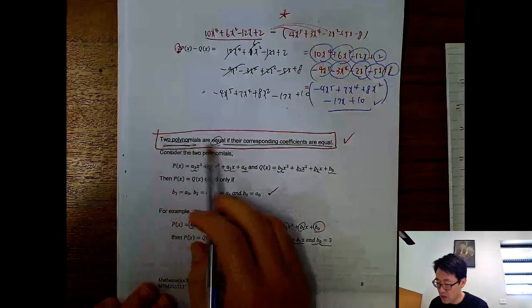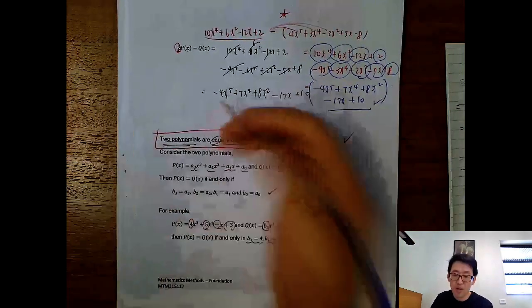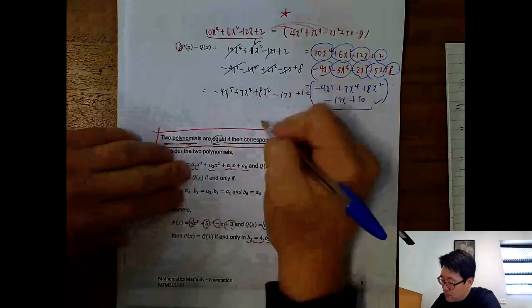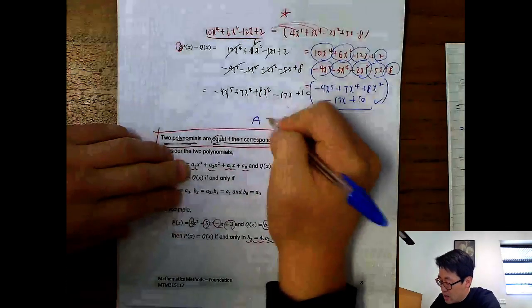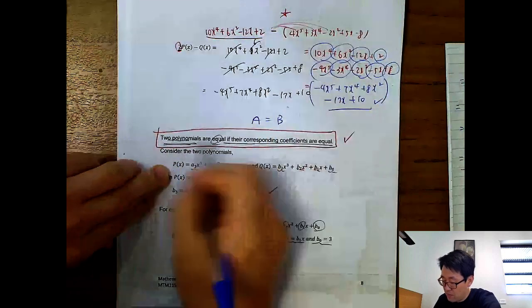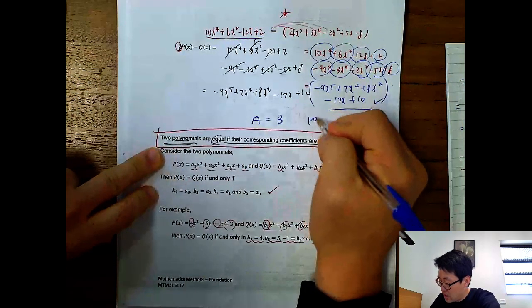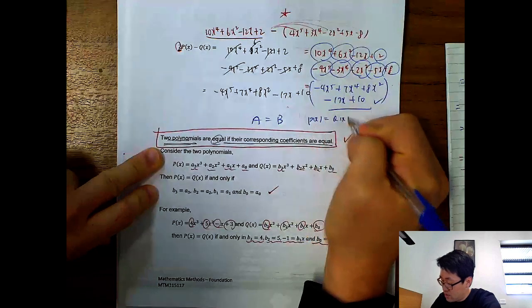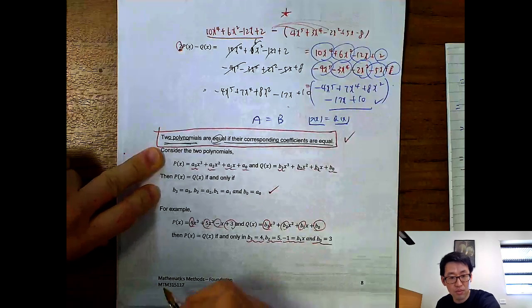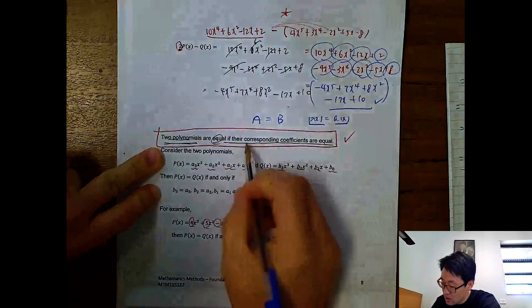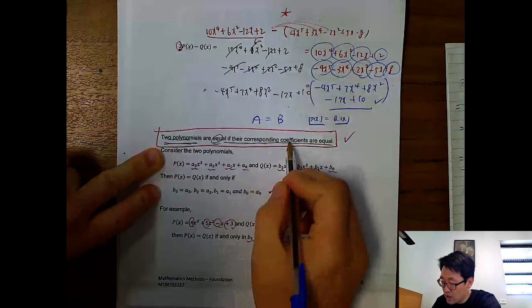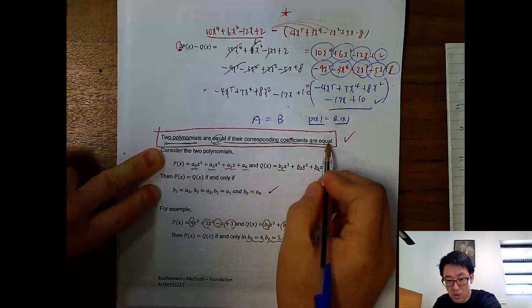Two polynomials are equal when it is algebra. A equals B, two polynomials, or Px equals Qx. In this case, probably more look like that, yeah? Corresponding coefficients are equal. What does that mean?